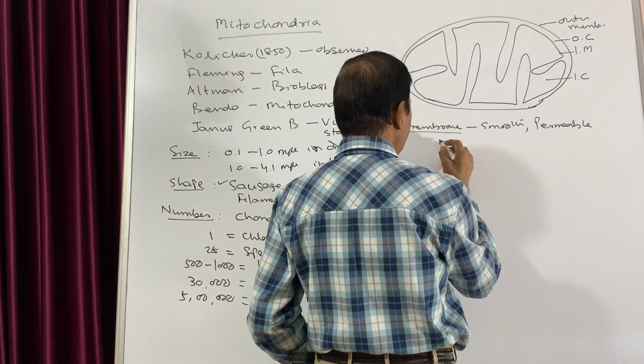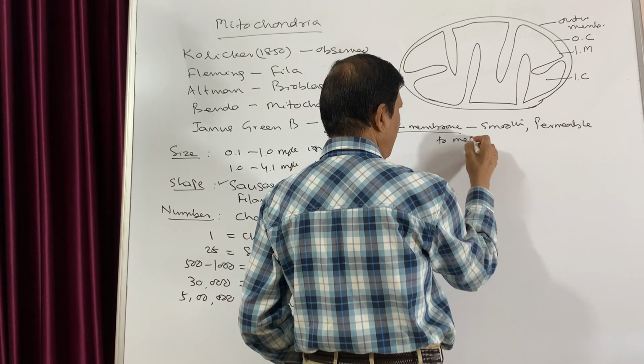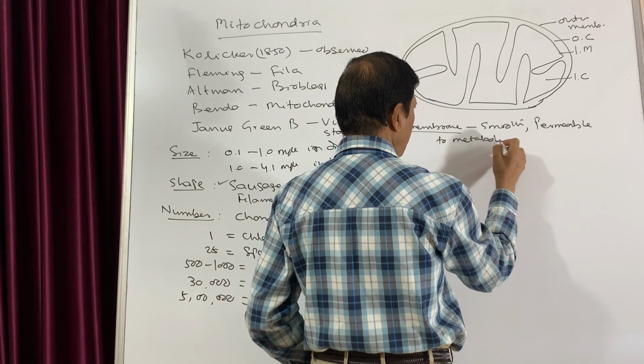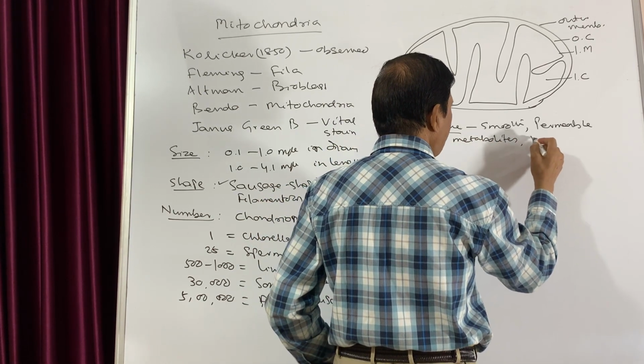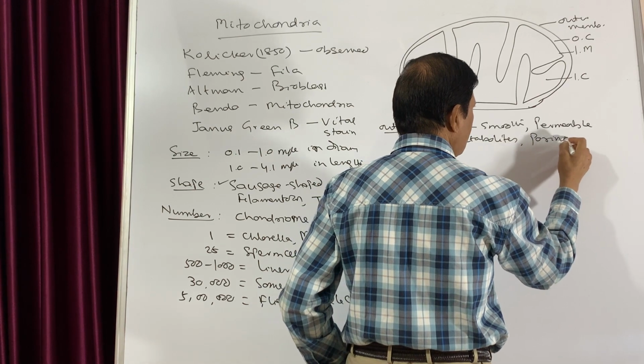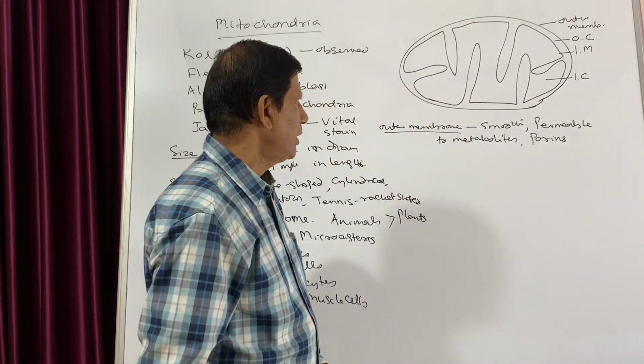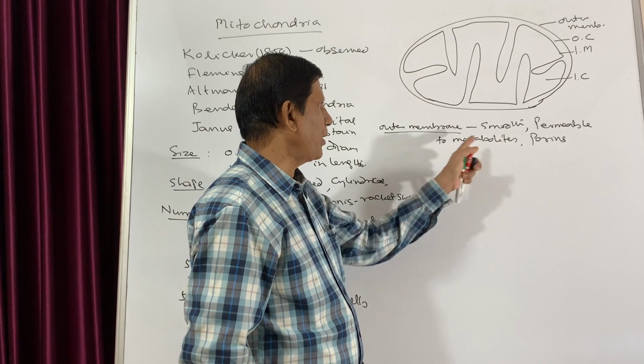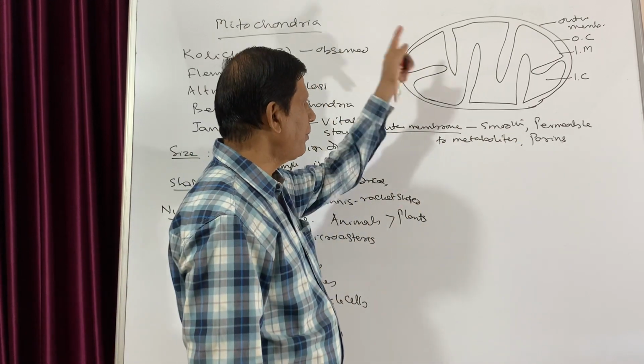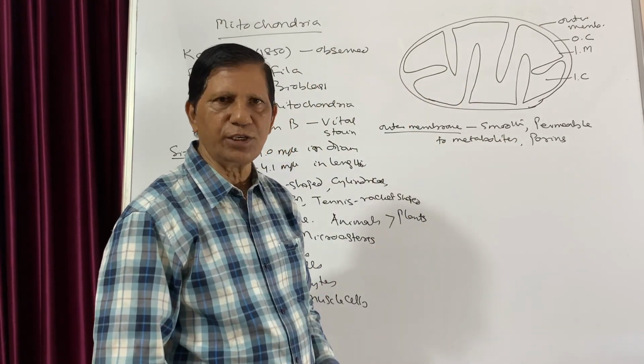That is why it is more permeable to metabolites. This is the outer membrane and it is smooth, as you can see.